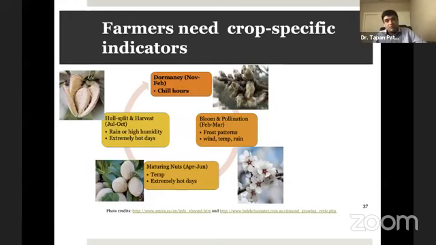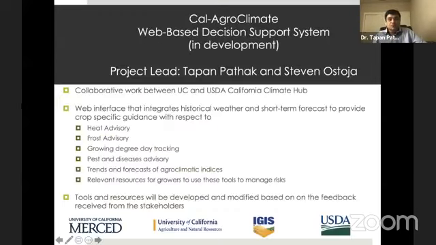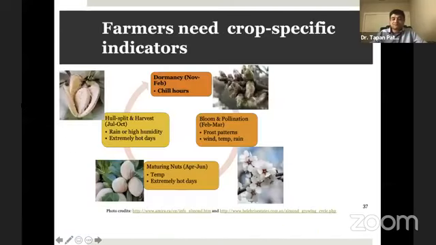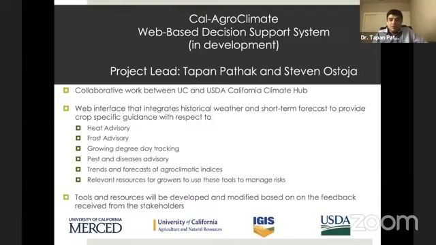So those kinds of indicators resonate much more with growers. We recently launched a decision support system project through funding from the US Department of Agriculture, in collaboration with the USDA climate hubs.